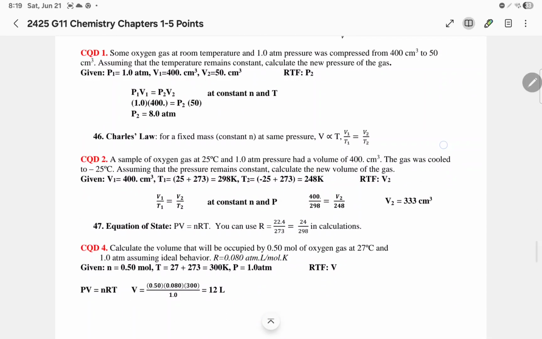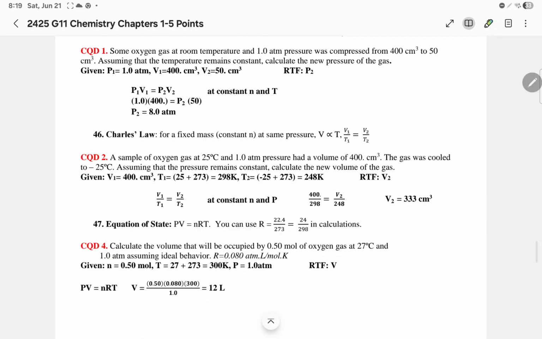Now let's move on to CQD1. Some oxygen gas at room temperature and 1 atmosphere of pressure was compressed from 400 centimeters to 500 centimeters. Assuming the temperature remains constant, calculate the new pressure. We said P1 V1 equals P2 V2.